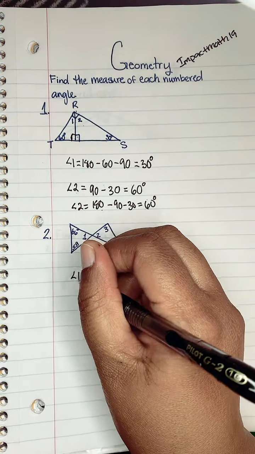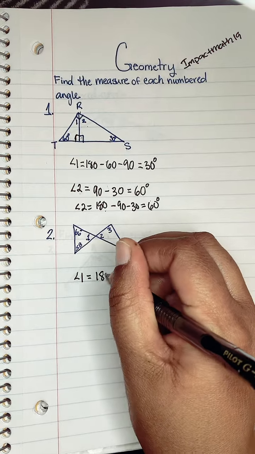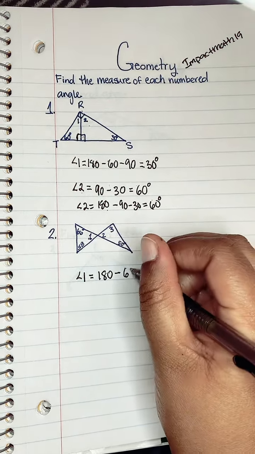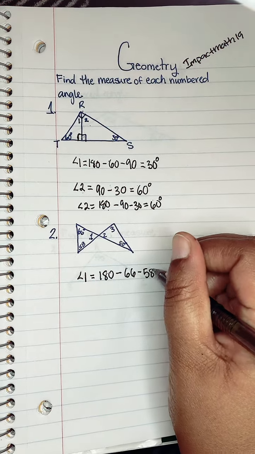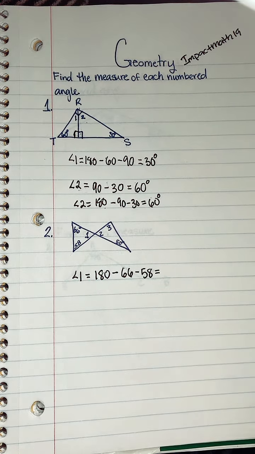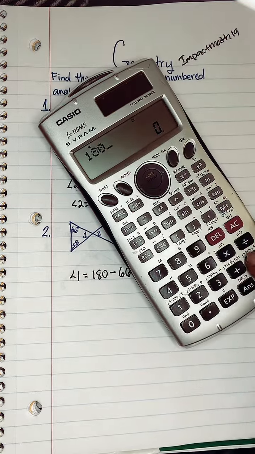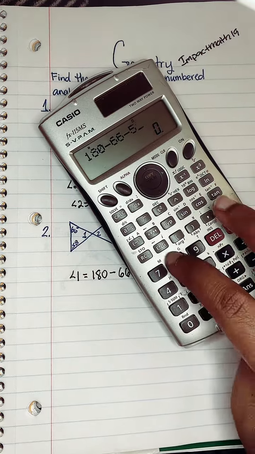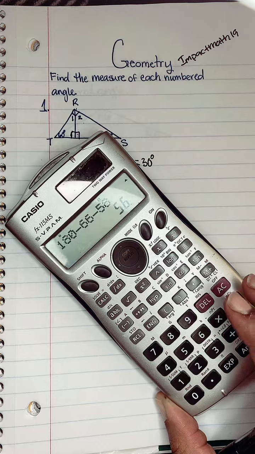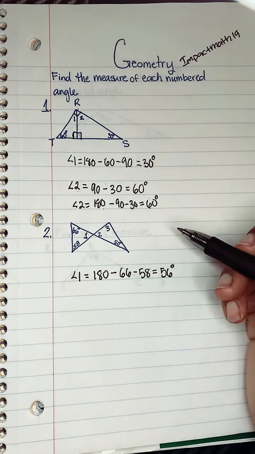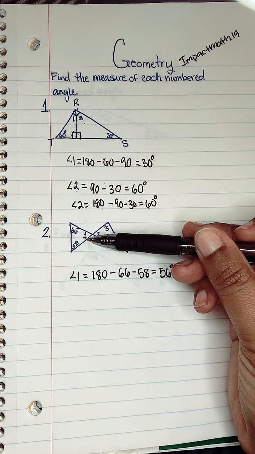So what we can do to find angle 1 is 180 minus the other 2 angles, 66 minus 58. Let's see what that will give us. We're going to take out our calculator. 180 minus 66 minus 58 is going to give us 56. So now we know angle 1 is 56.